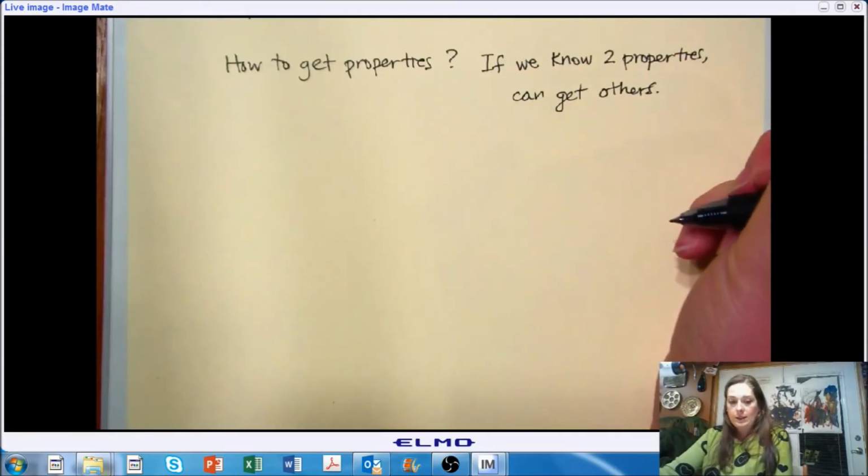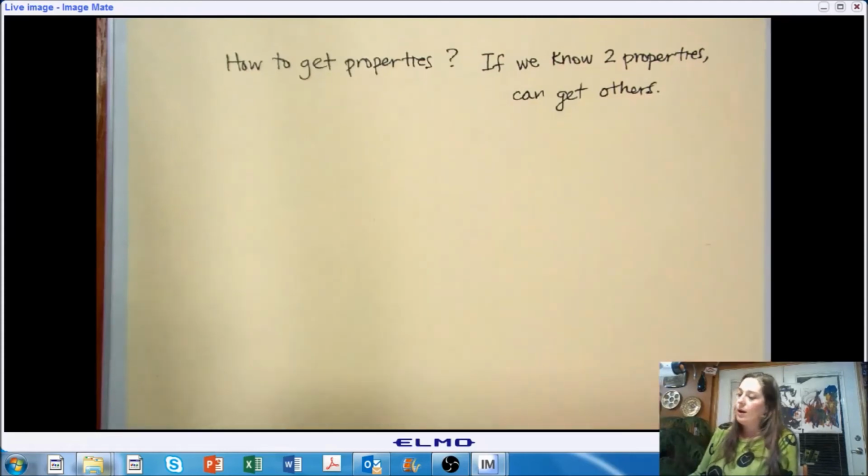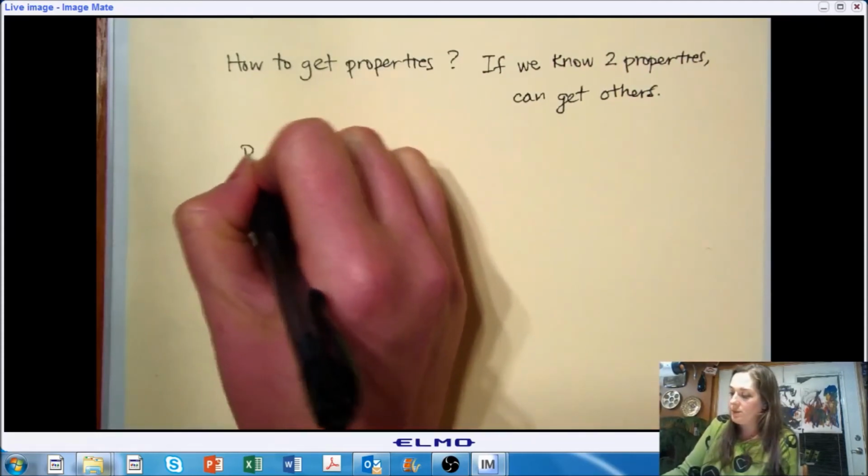So in the next section, we're going to talk about a variety of ways that we can get all the other properties when we know 2. Before we conclude this section, I want to introduce the psychrometric chart.